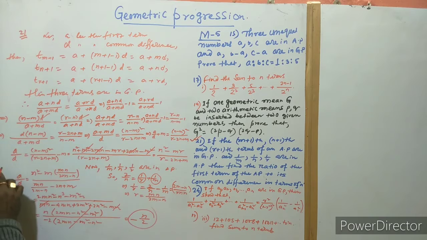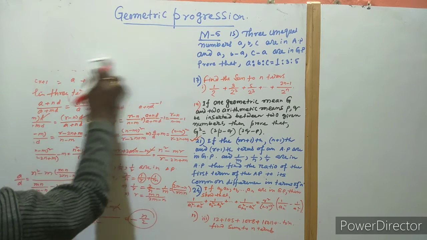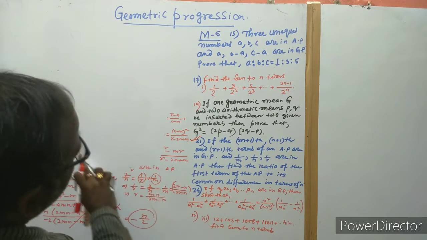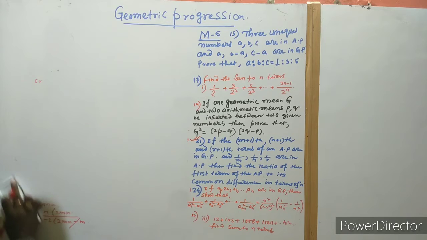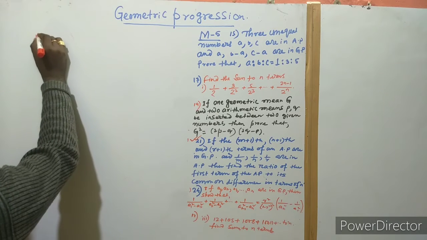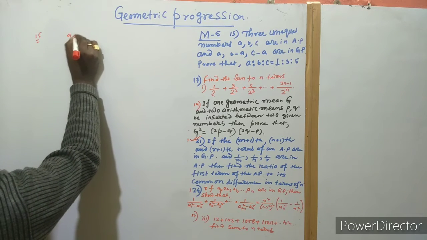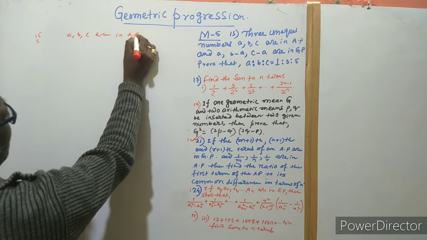Now follow the 5 marks question number 15. You are given three numbers that are in AP. So 15: A, B, C are in AP.